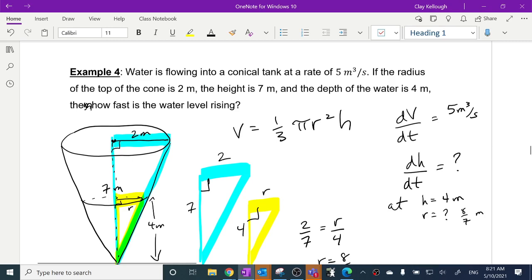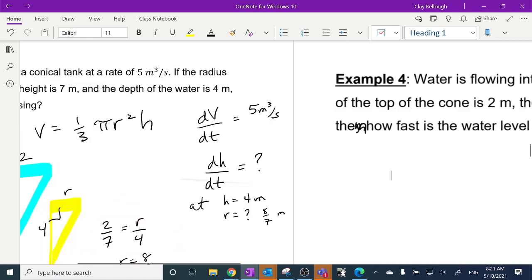Well, another approach is, instead of doing the derivative of the formula the way it is, what if we did the replacement of one variable for the other first? So let's try it that way. It actually probably is a little easier.